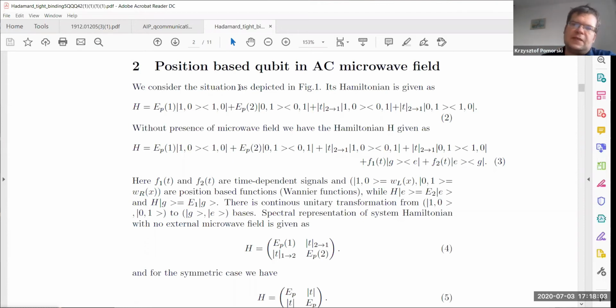Now, equation 2 is the case of an electron that is non-interacting, and then there is equation 3. Equation 3 is the case when the electron is interacting with an external electromagnetic field.